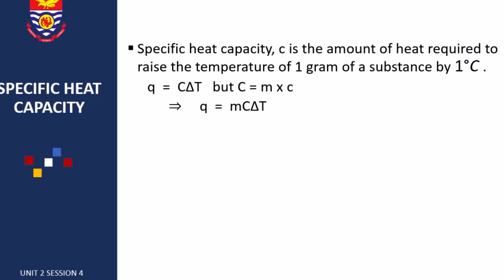So we can calculate our quantity of heat by taking the mass multiplied by the specific heat capacity multiplied by the change in temperature.